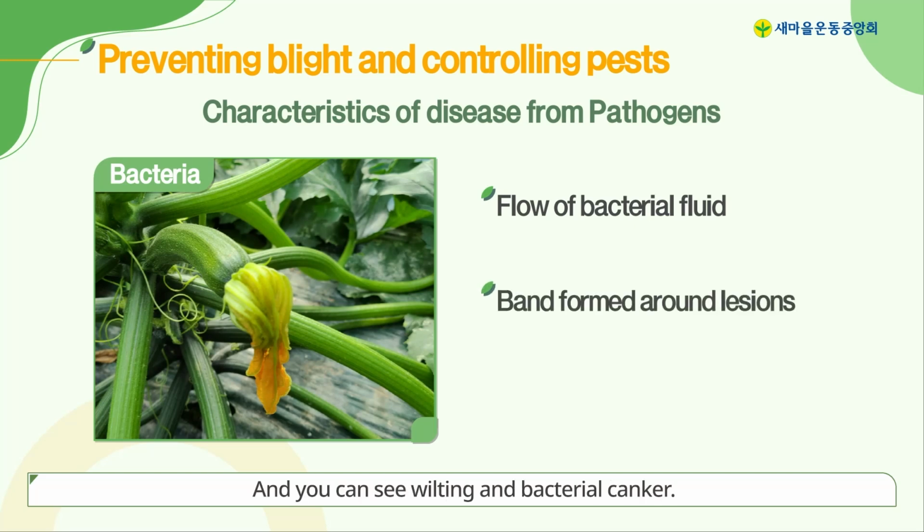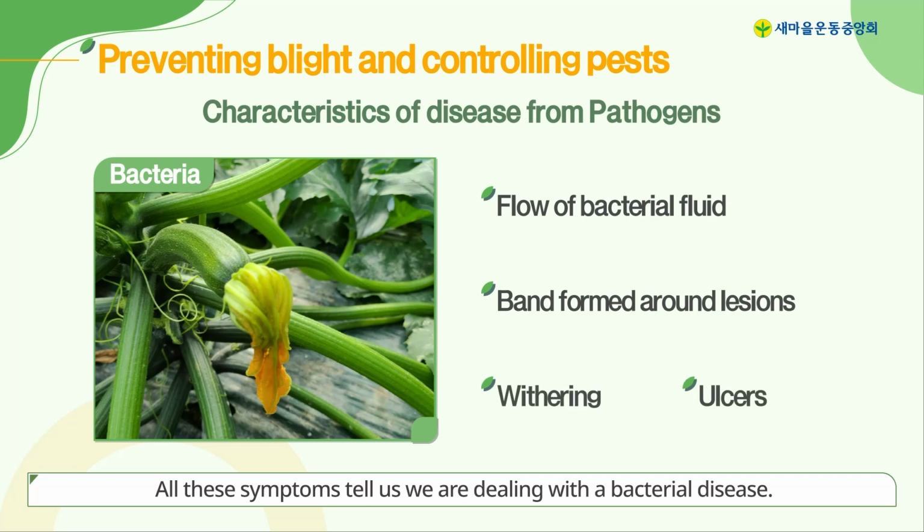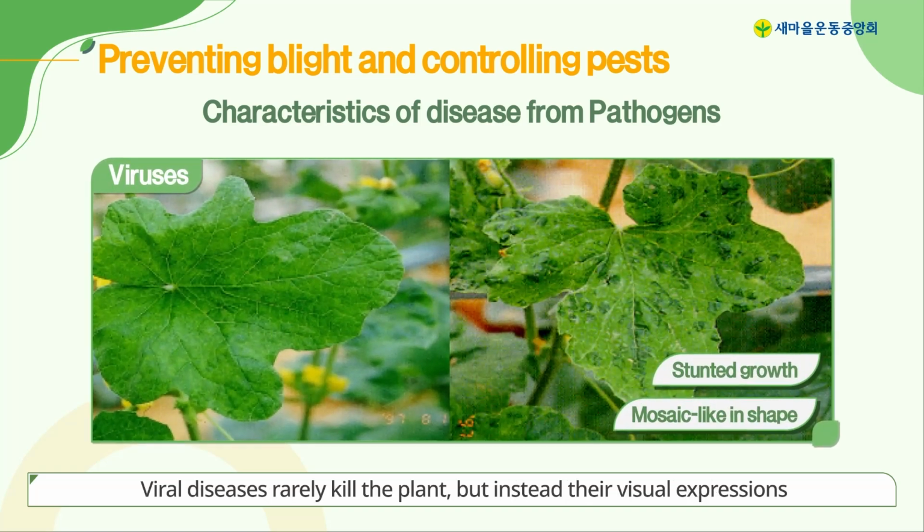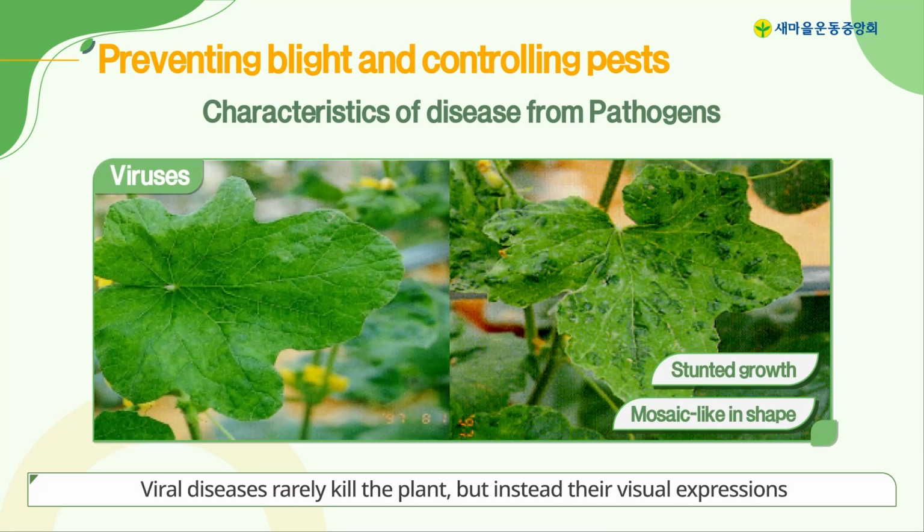And you can see wilting and bacterial canker. All these symptoms tell us we are dealing with a bacterial disease. Viral diseases rarely kill the plant, but instead their visual expressions are usually distorted or mosaic shapes on the leaves.